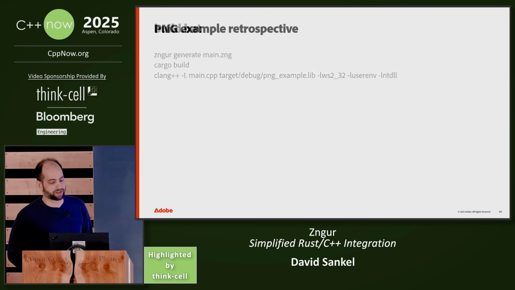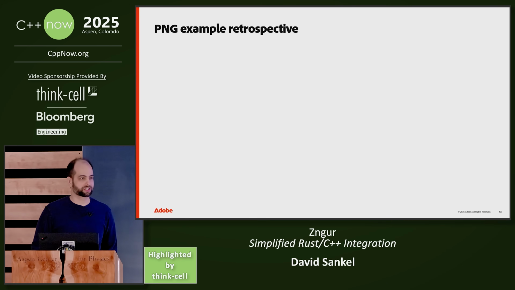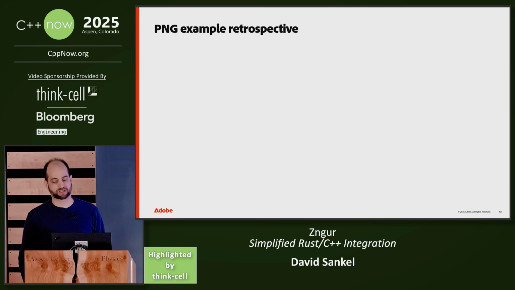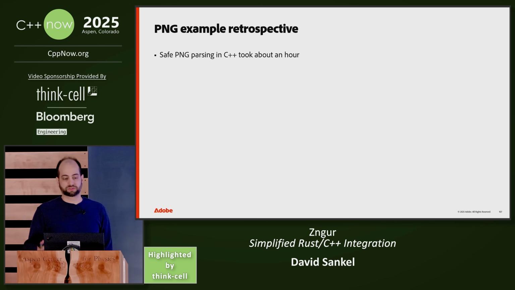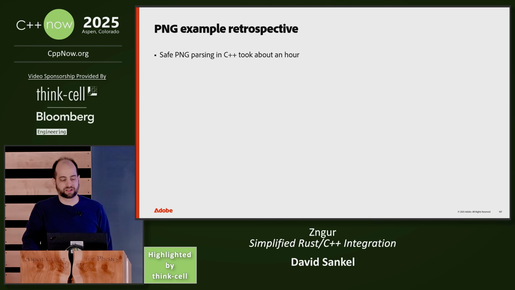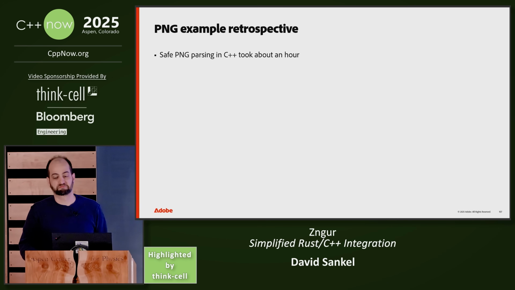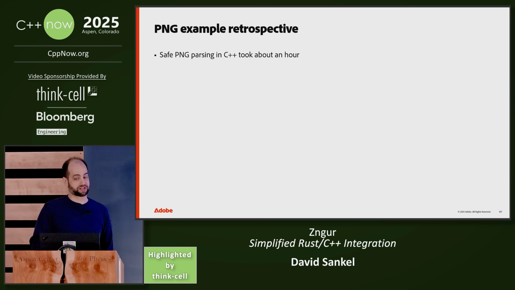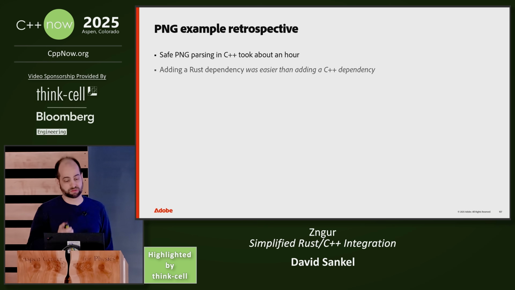Okay, so just looking back at the PNG example, kind of a retrospective here. To do this, it took about an hour for me to write this example code and the Zngur file and all that kind of stuff. And doing safe PNG parsing in an hour, I think, is a pretty cool thing. I don't think that's typical, but the tech is there now.